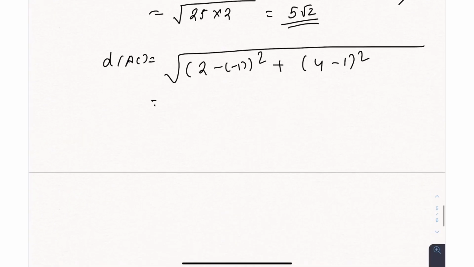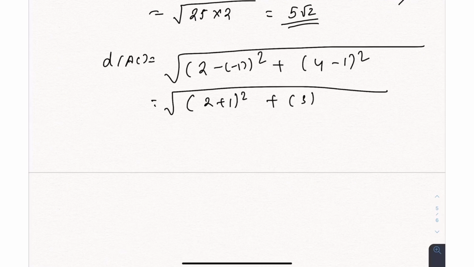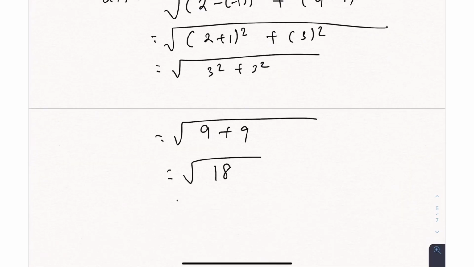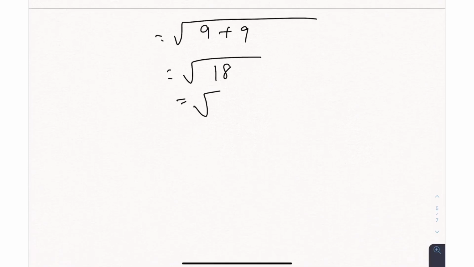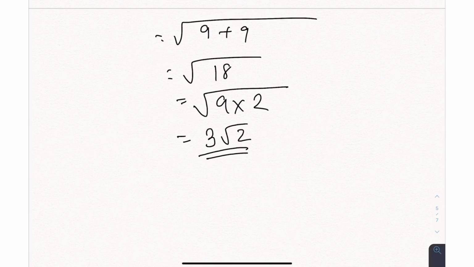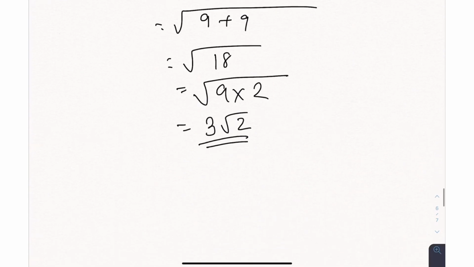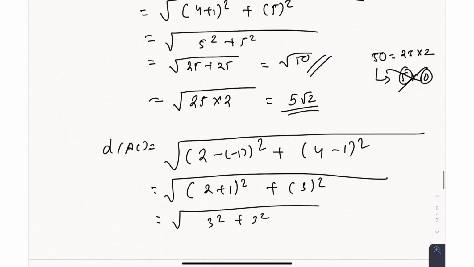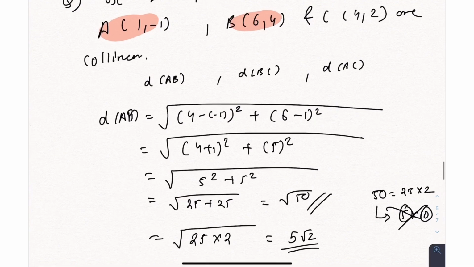So when we expand this, we are going to get 2 plus 1 the whole square plus 4 minus 1, 3 square. 3 square plus 3 square, the answer is 9 plus 9, which is root 18, and 18 can be written as 9 into 2. Square root of 9 is 3, it will become 3 root 2. So this is our distance AC, and then we are going to find distance BC. So what are B's coordinates? 6, 4 and 4, 2.